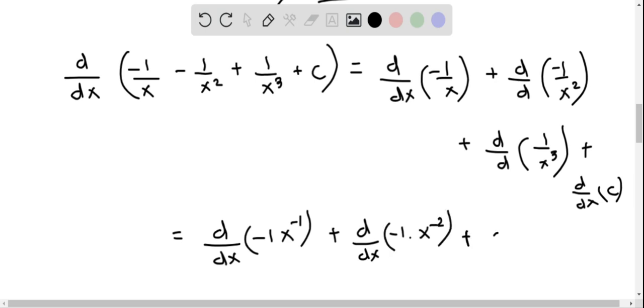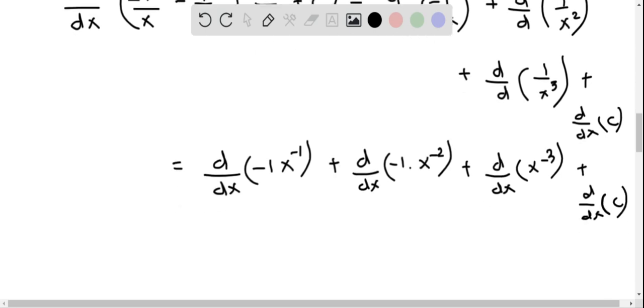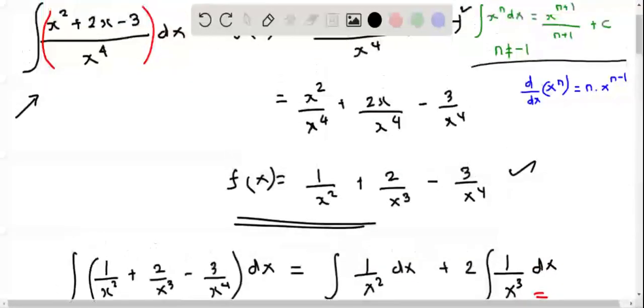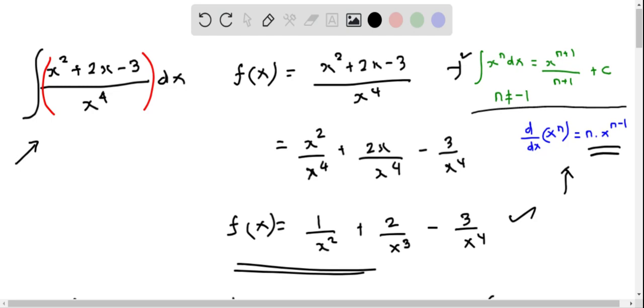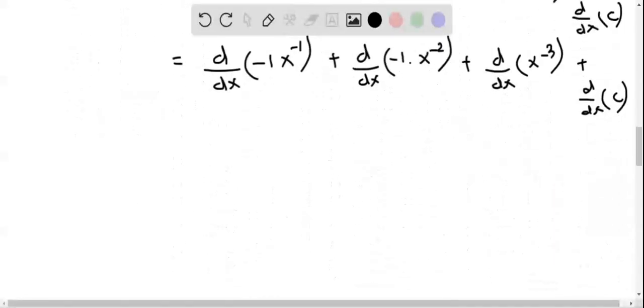And the third term can be written as d by dx of x power minus 3, plus differentiation of the constant, d by dx of the constant c. Now let's apply the power rule. It says if you differentiate x raised to the power of n, this is equal to n x power n minus 1. So let's apply that here.